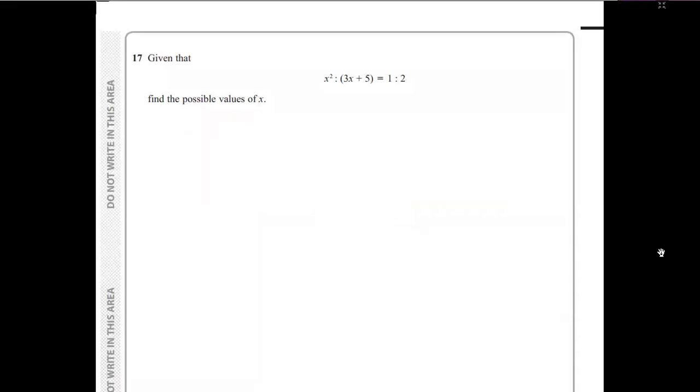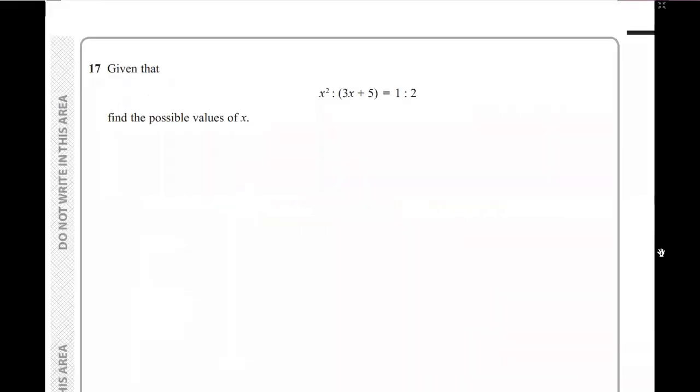This one here is an interesting question on ratio. Moise, can you help me with this one? Can you turn the ratio fraction into an equation?